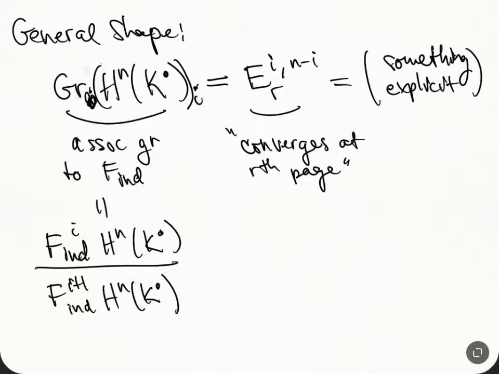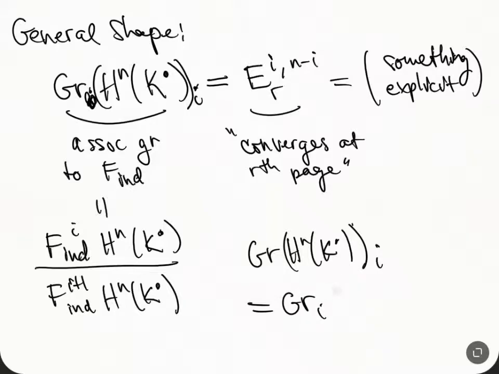I was viewing this as a graded object, but what I wanted to say is that the graded piece of H^n of K bullet, if I take this grading and then take the ith piece, is the same thing as if I take the ith piece of the graded complex. Let's see.